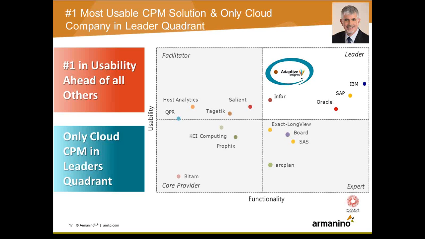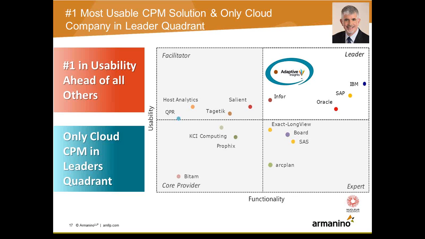In the many surveys that are done, and this is just one of them from Nucleus Research that was released a couple months ago, Adaptive continues to be the leader in terms of both usability and functionality. As you can see here, some of the bigger systems, IBM, SAP, Oracle, certainly have a lot of tremendous functionality, but the problem is that they're huge on-premise systems, require significant network capabilities, and are far more expensive than Adaptive.